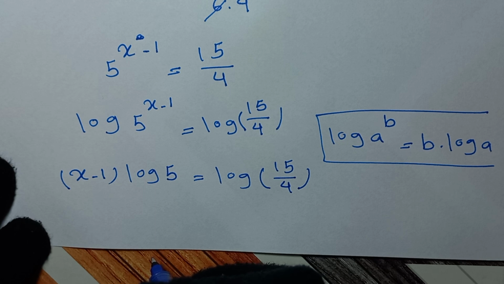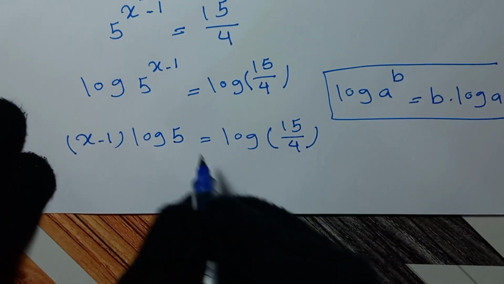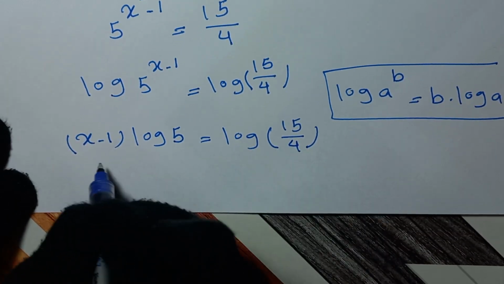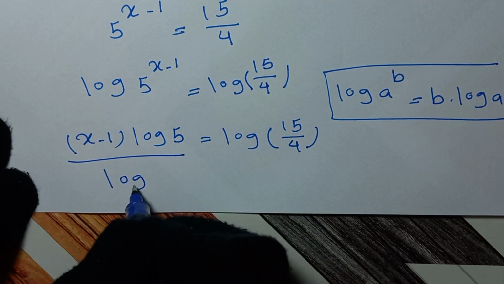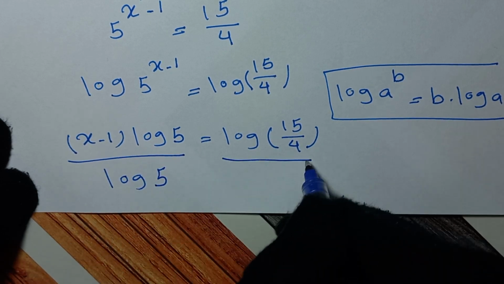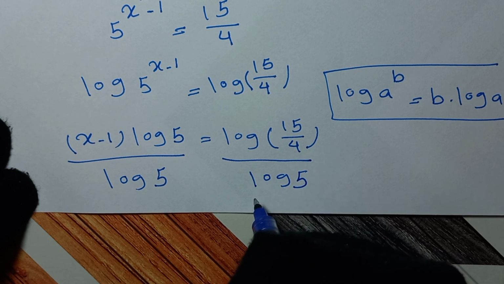In the next step we divide both sides of the equation by log 5. So this divided by log 5 and this divided by log 5.